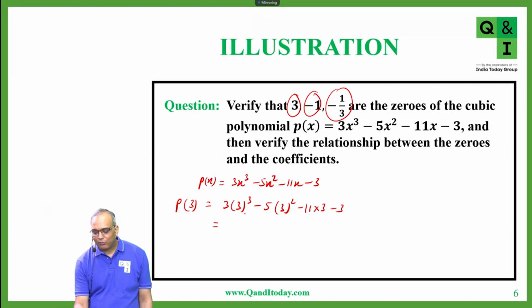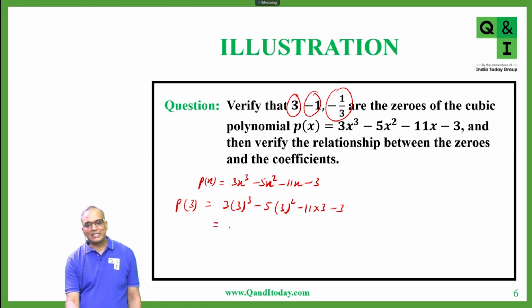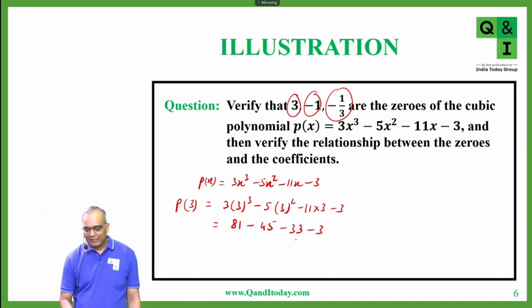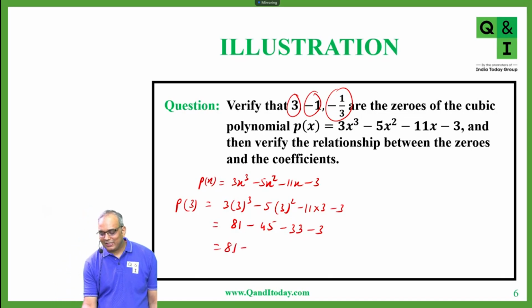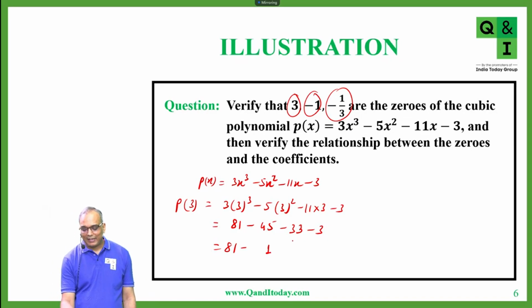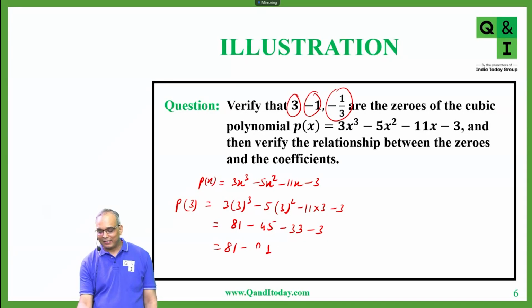So this will be equal to 3 cube is 27, into 3 is 81, minus 9 into 5 is 45, minus 33, minus 3. So this is 81 minus 81, which is 0.